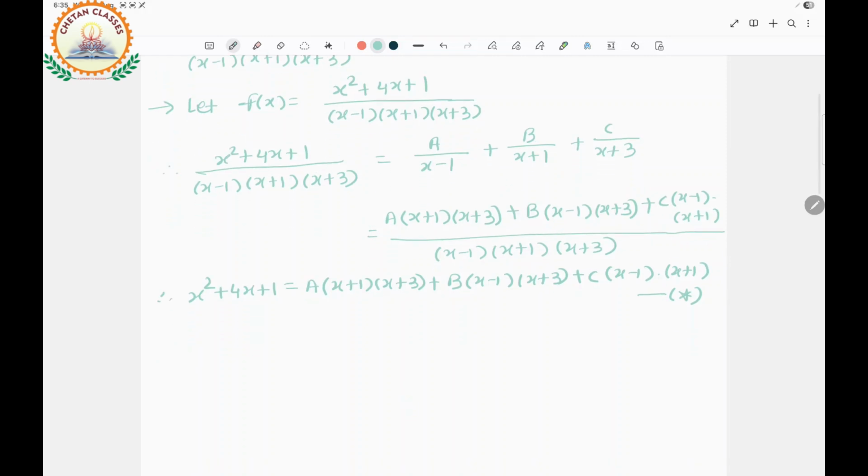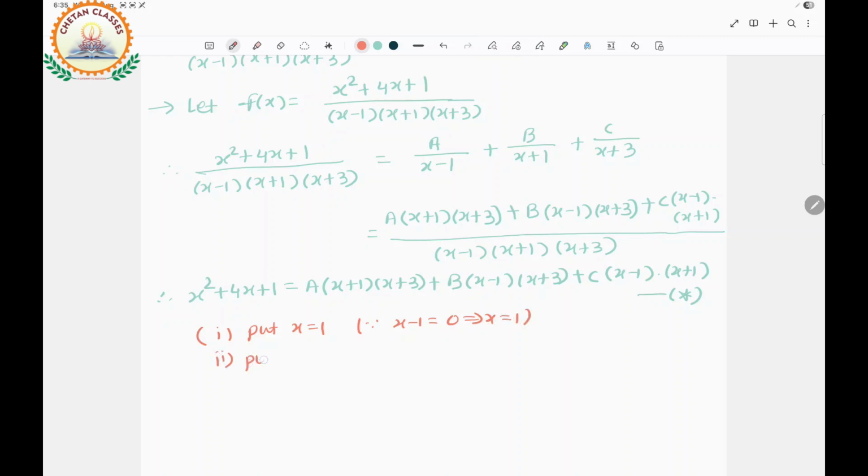Here we have three distinct factors, so we put three values. First we put x is equal to 1. Why? Since x − 1 is equal to 0, so x is equal to 1.